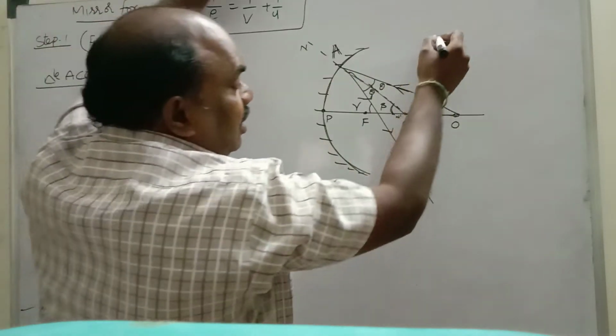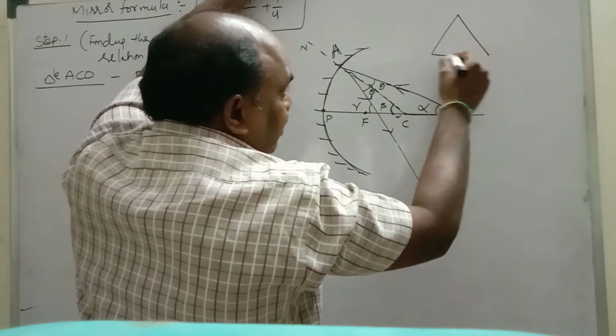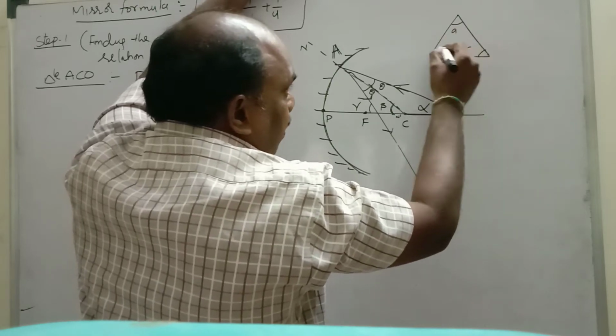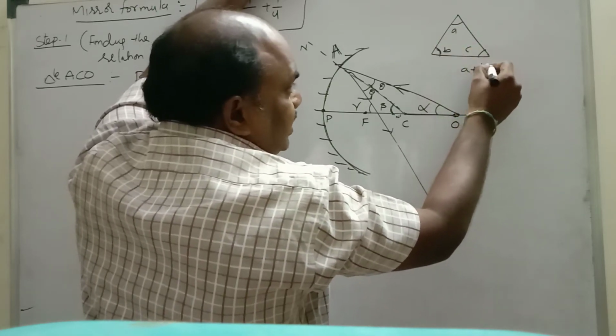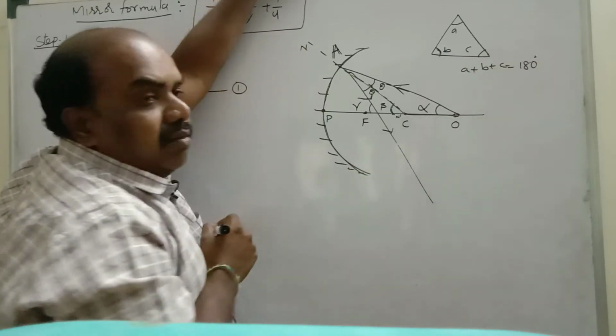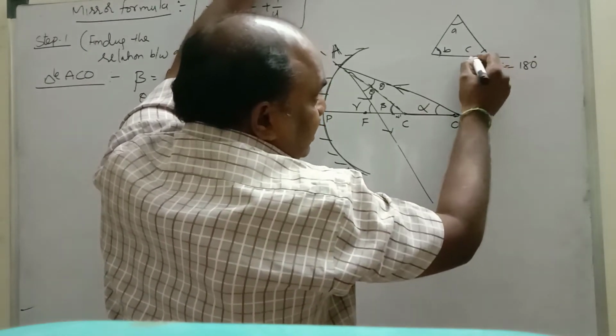Do you know this? Otherwise see here, this is a triangle. Let this be A, this be B, this be C. We know that A plus B plus C is equal to 180 degrees, the sum of angles in a triangle. Let us extend this length. It is a straight line.